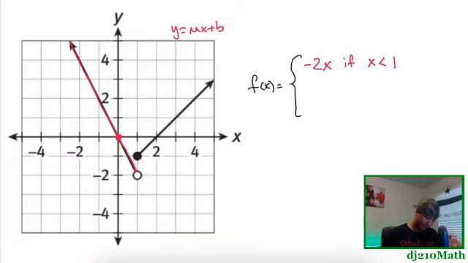The next line, the next piece. If you extend it out, we see that it crosses the y-axis at negative 2. And then the slope is up 1 over 1. So 1x minus 2.